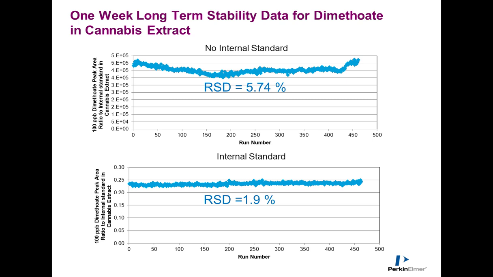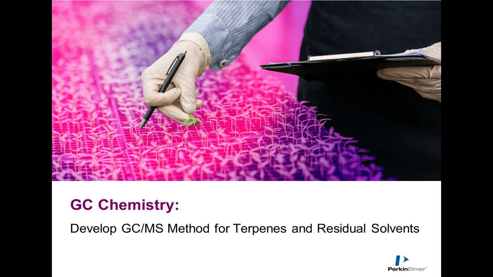And even without the internal standard addition, the reproducibility is very strong, increasing to 1.9 with the use of the internal standard. These are very satisfactory stability results and provide a lot of confidence in labs running a lot of samples.